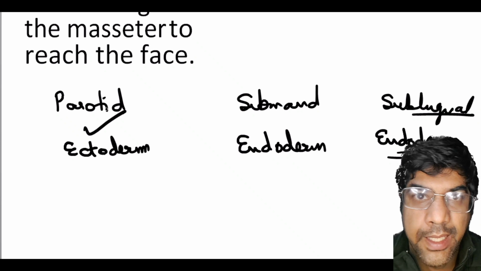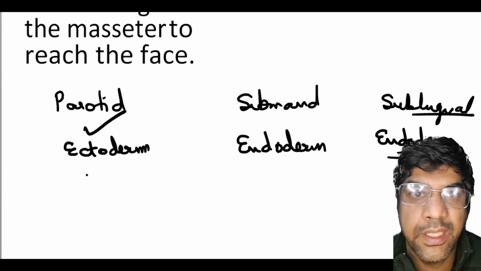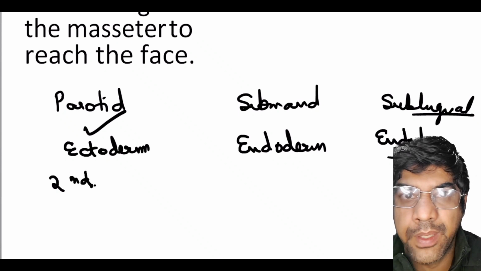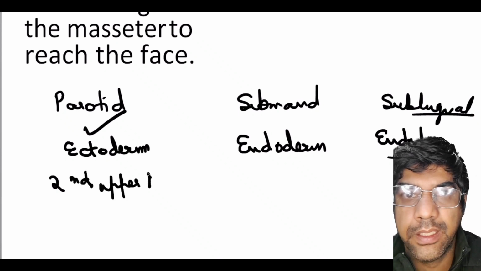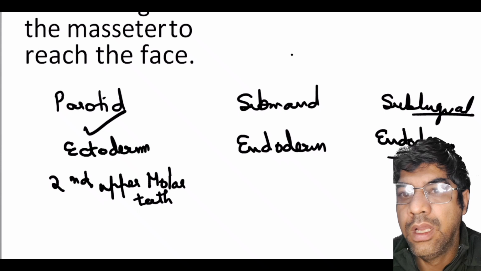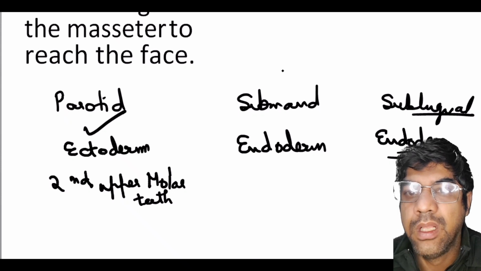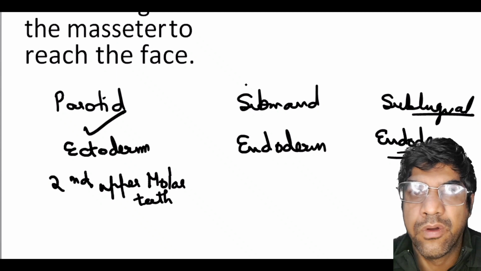The parotid gland has a duct that opens on the vestibule of the mouth opposite the second upper molar tooth, right? Whereas the submandibular gland has a duct that opens into a papilla in the sublingual fold in the floor of the mouth.